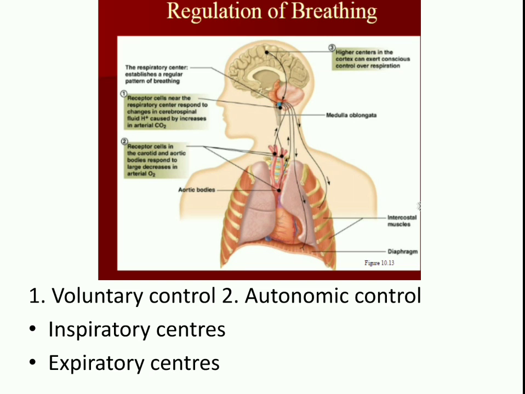Here two specific conditions are discussed. One, where we can see the increased amount of carbon dioxide, and that will be sensed by two mechanisms, number one and number two, right? So that comes under autonomic control. So here there are two basic types of control with two receptors or two specific centers, the inspiratory center and the expiratory center.